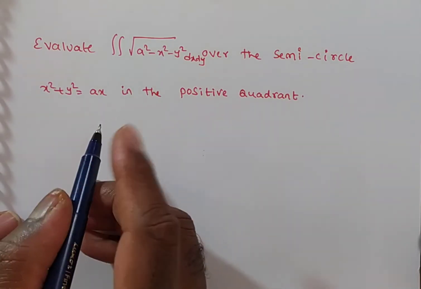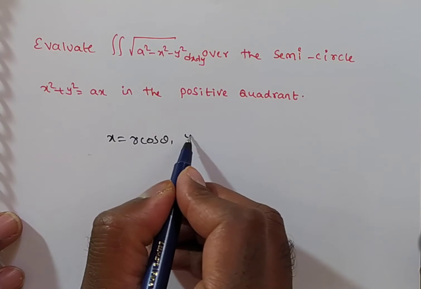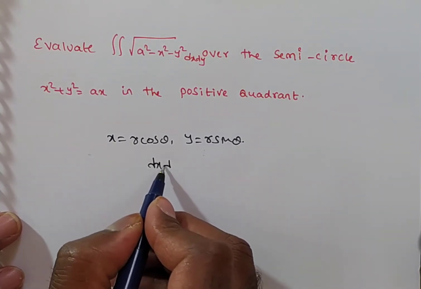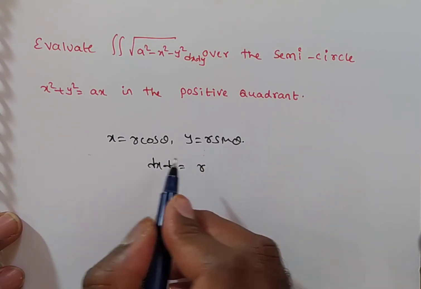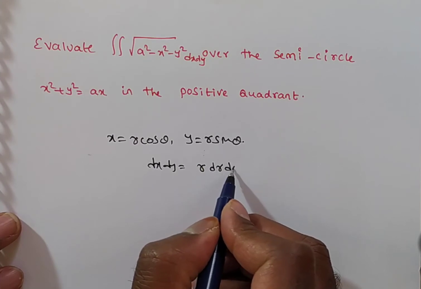In polar coordinates, generally we take x is equal to r cos theta, y is equal to r sin theta, and dx dy is equal to the Jacobian of x comma y with respect to r comma theta, that is r dr d theta.